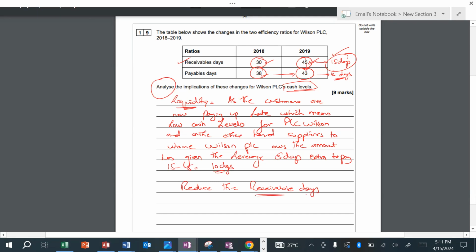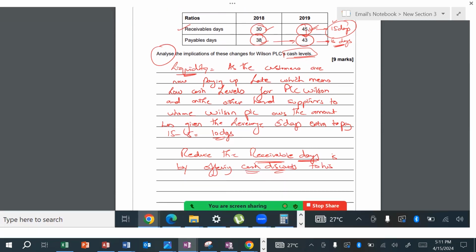And how he's going to reduce the receivable days is by offering cash discounts to his creditors, so that they might pay earlier.